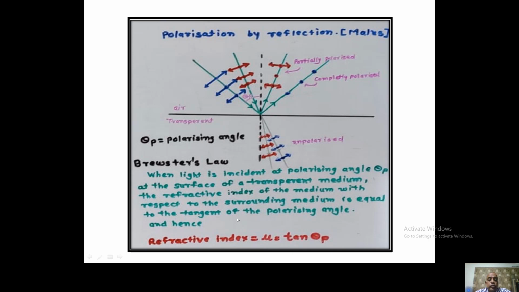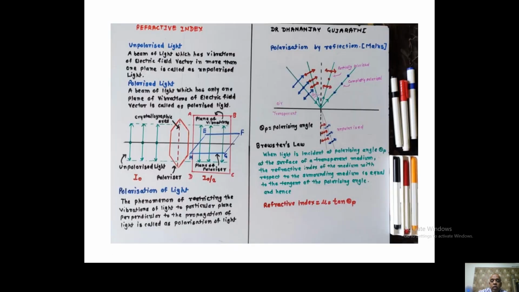What is mu? Mu is the refractive index of this transparent medium, and theta p is the polarizing angle. Now, this is about the short representation of polarization by reflection.